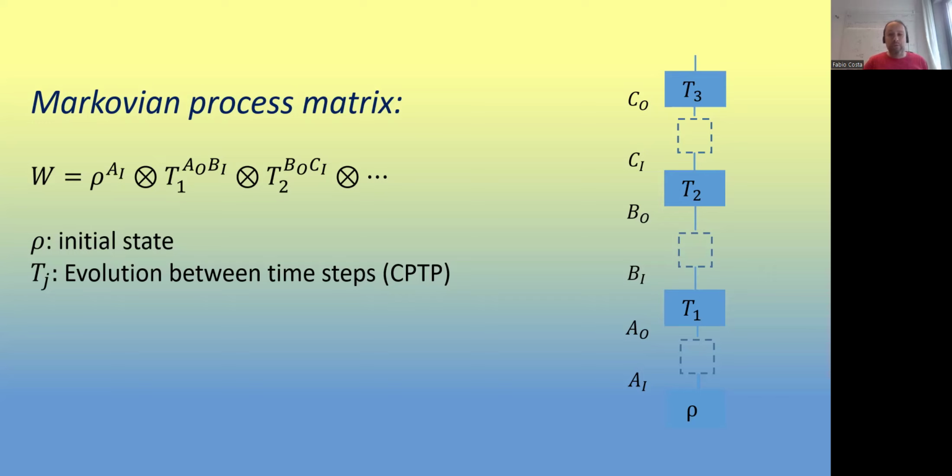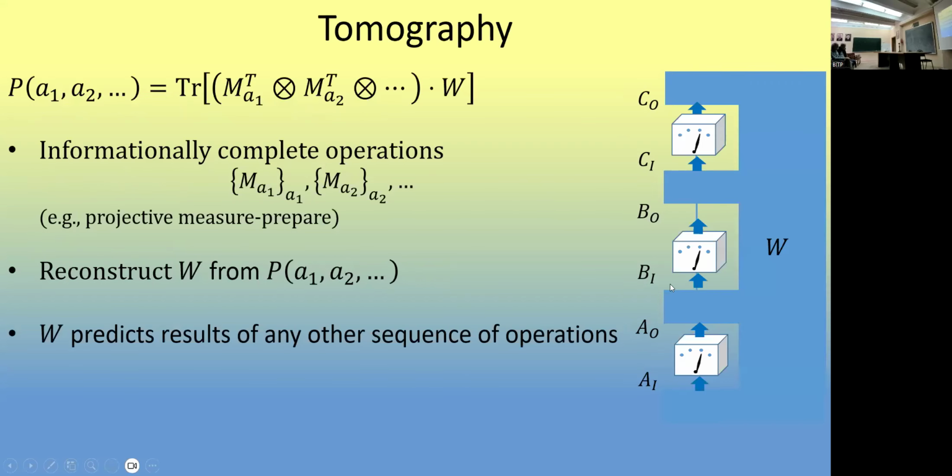So maybe if you want to make the analogy, one way to think of these multi-time operations is a collisional model. You think that at each time you are sending a probe system which scatters or interacts with the process, and then you have a different probe or a different particle at each time. So in some sense, you can think of it as a multiple scattering problem.